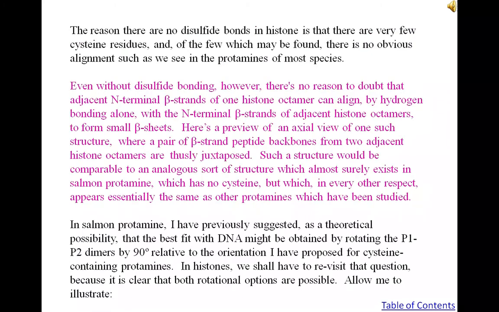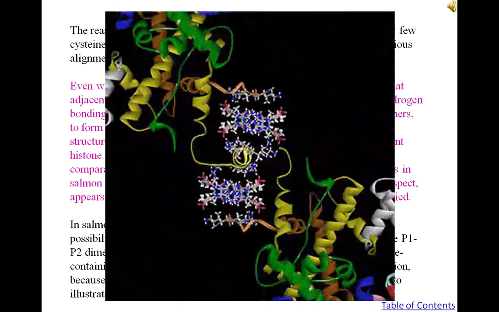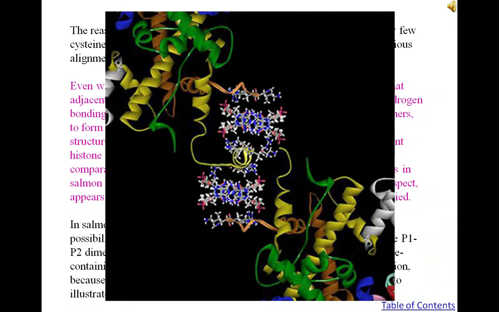Even without disulfide bonding, however, there's no reason to doubt that adjacent N-terminal beta strands of one histone octamer can align by hydrogen bonding alone with the N-terminal beta strands of adjacent histone octamers to form small beta sheets. Here's a preview of an axial view of one such structure, where a pair of beta-strand peptide backbones from two adjacent histone octamers are thusly juxtaposed.